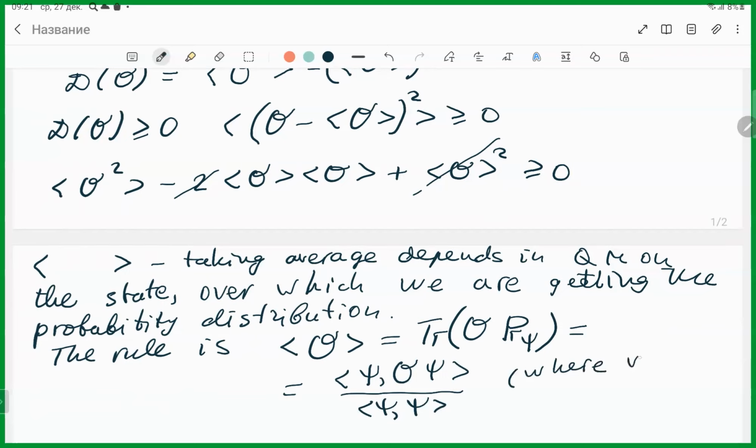Here the vector psi represents the state that belongs, of course, to the projectivization of V. Sometimes people call the projectivization of V the state, sometimes people call the state vector that represents it.